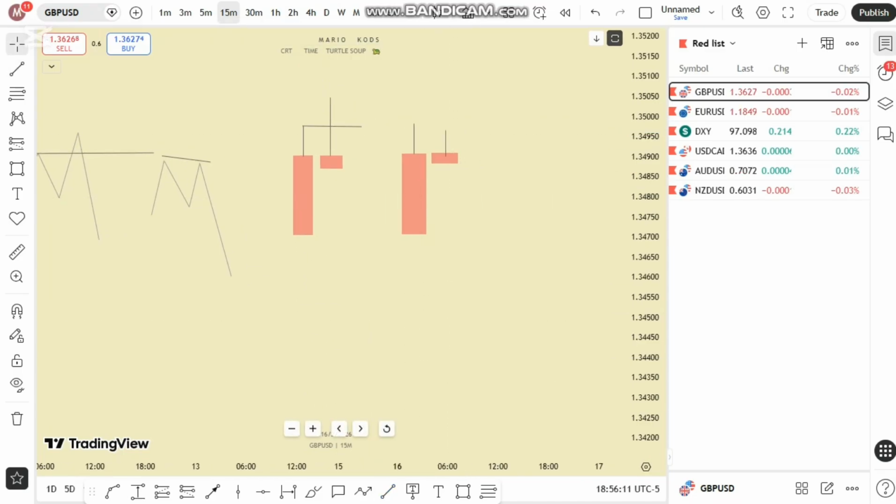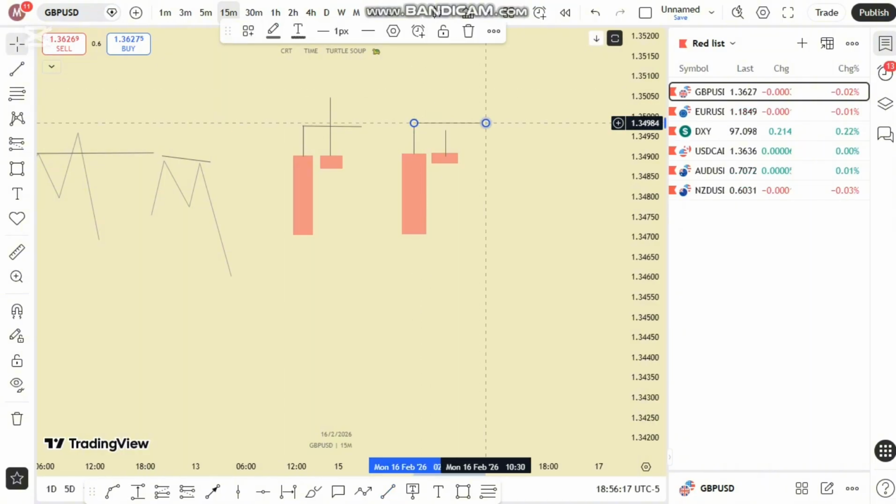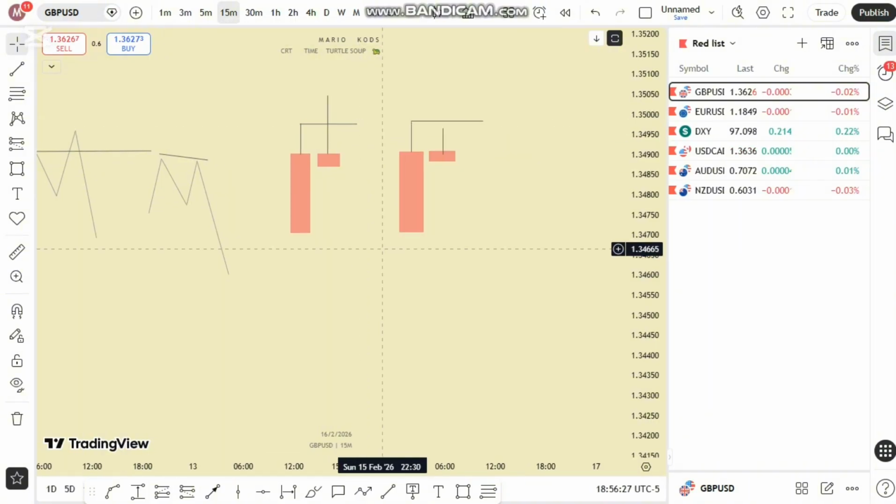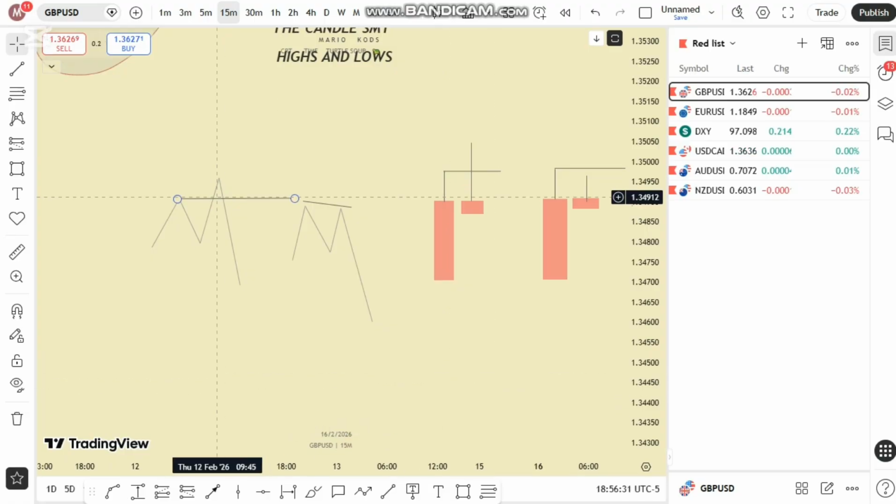Once you see something like this, it becomes a valid CRT. Once you see two correlated assets giving you something like this, it becomes a valid CRT. And also we had the highs and lows: higher high, lower high.